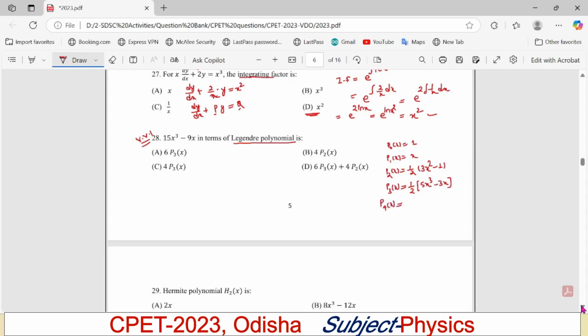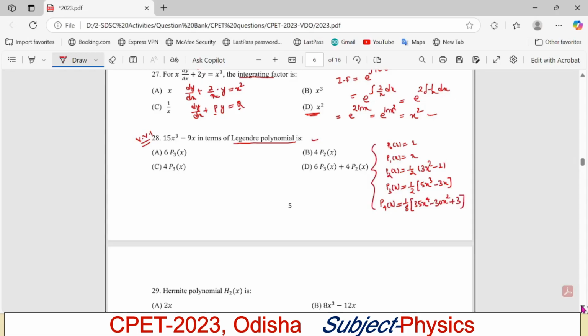P4(x) is your 1 by 8 (35x to the power 4 minus 30x square plus 3). These I suggest you always remember. This type of question you can get in your exam.